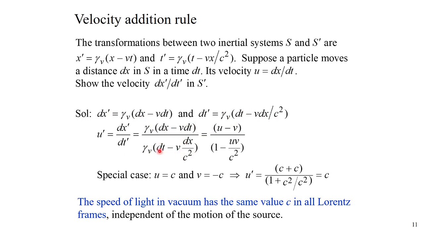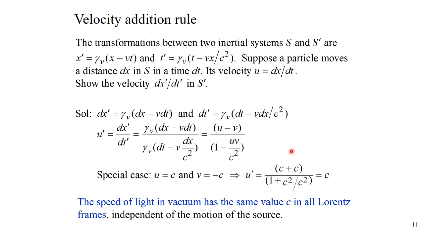What's next? Let's divide by dt. So this one becomes u, and this one is v, minus 1 minus uv over c squared.